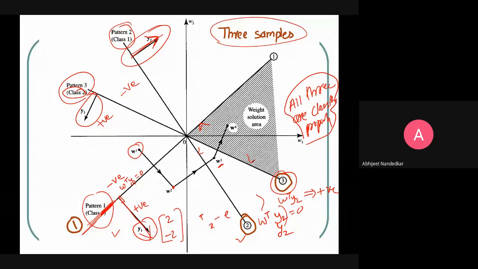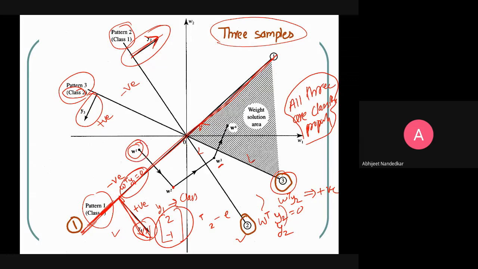So that is the direction of y1, and y1 belongs to say 2, I should say minus 1. So y1 is belonging to class 1. So I just plot that. So that is the position, and then I know that W transpose y1 equal to 0 is this line perpendicular to this pattern.